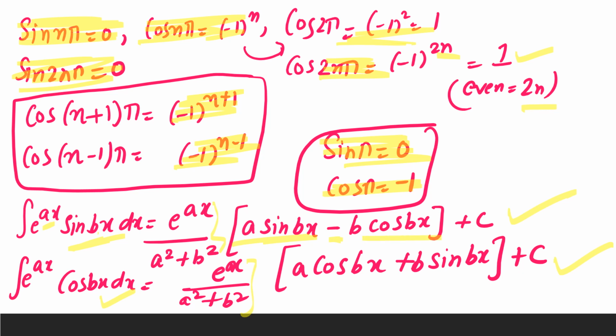In sin there will be a minus sign, in cos there will be a plus sign. So first we took a sin bx and then we took b cos bx. Then for the other, e^(ax) over (a square plus b square) times (a cos bx plus b sin bx) plus c. These two formulas are very important, so you should learn these formulas.